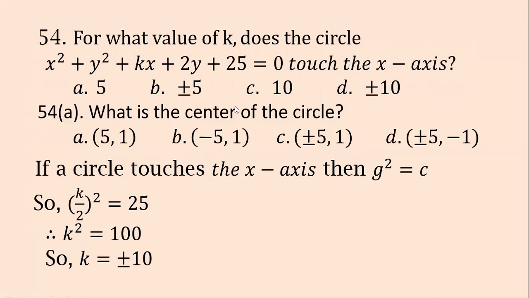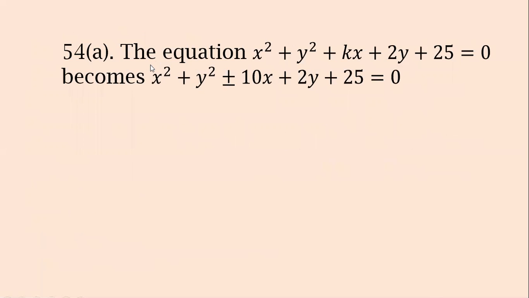This is 54. Now 54a, what is the center of the circle? So you have to find out the center. So if we put k is equal to plus minus 10, then the equation becomes this one. Now we have to find out the center. So center is (minus 5, minus 1) and (plus 5, minus 1).